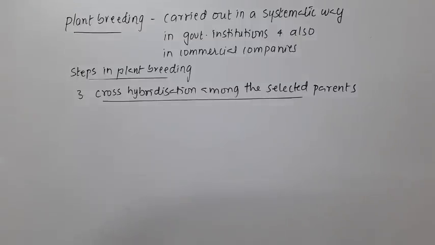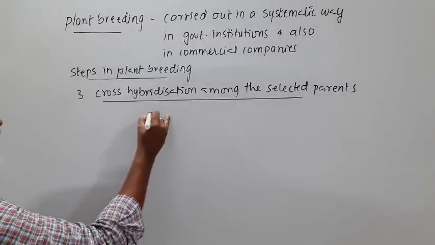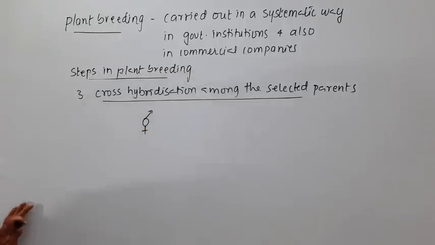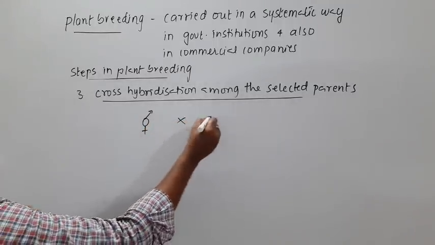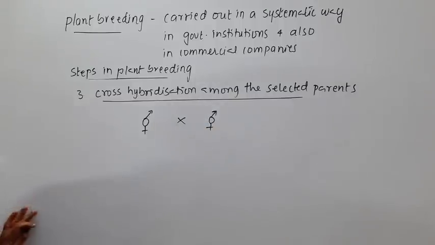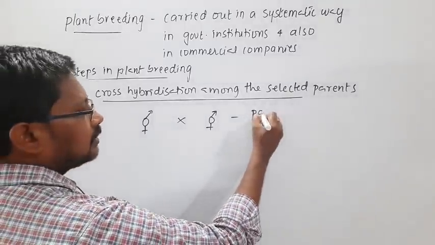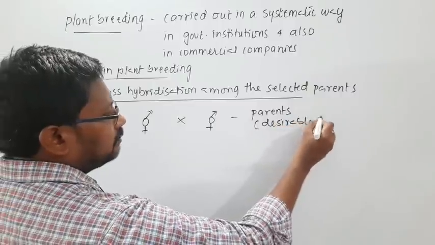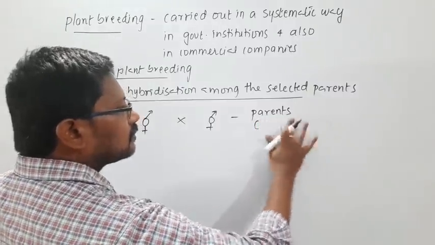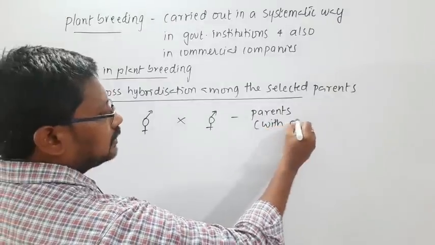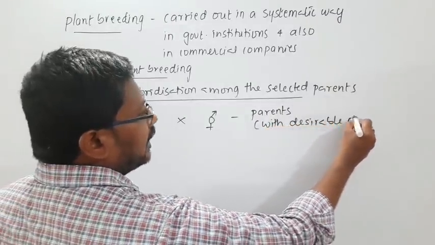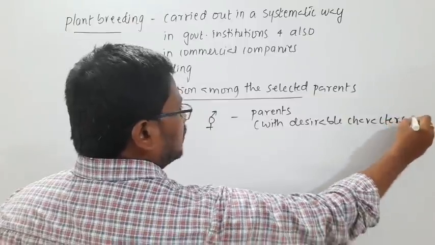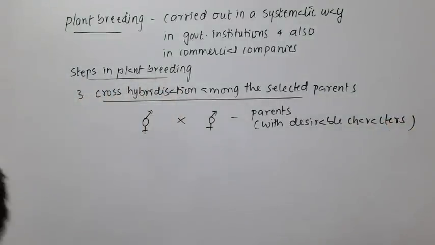Now let us see, we'll take two bisexual plants. These two are the ones that have the desirable characters. So these are parents with the desirable characters.